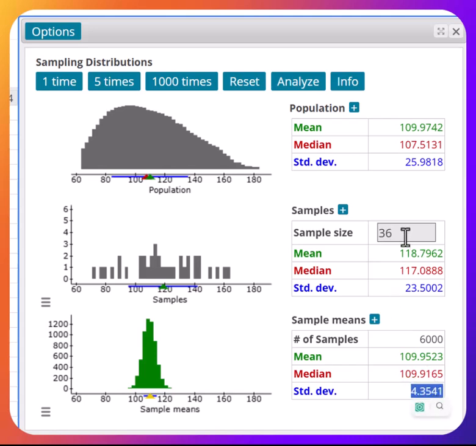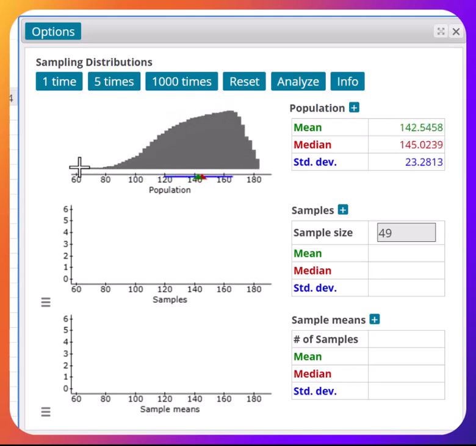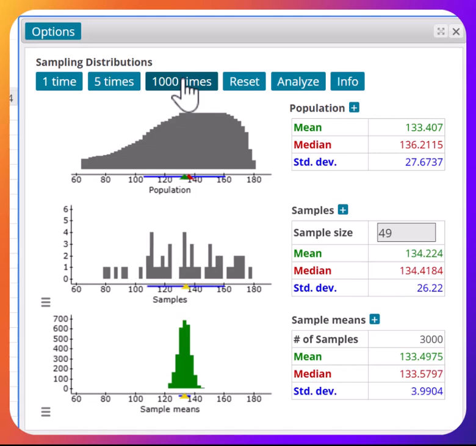Let's do another sample. Let's do 49. Let me reset here and do 49 and let's change the shape. Actually, I'm going to scoot to the left, for example. Watch. 1,000 times, another 1,000, another 1,000.